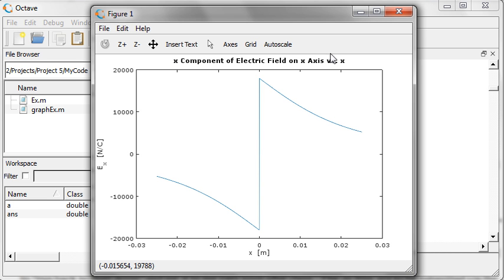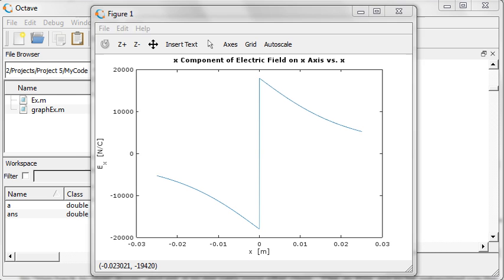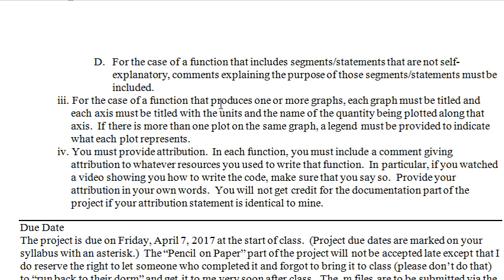I think it said title of graph, and then each axis labeled with physical quantity and units. And E sub X really does have units in newtons per coulomb, and X has units in meters. So I think we're good on that. Let's make sure. Title, each axis title with units and name of quantity. That's all that applies, because we don't have more than one plot on the same graph.